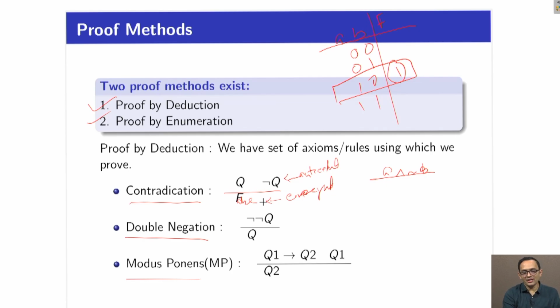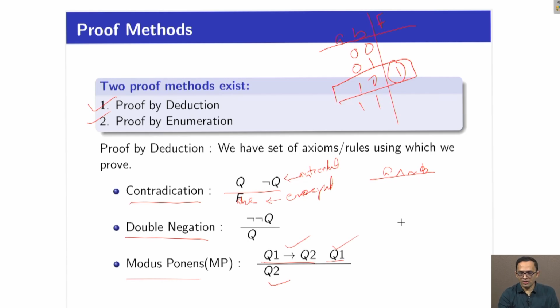And double negation says that if you have negation of negation of q, that means q is also true. And this is called modus ponens. It says that if you have q1 implies q2 and you have q1, then q2 is also true. If q1 implies q2 is true and q1 is true, it implies q2 is also true.